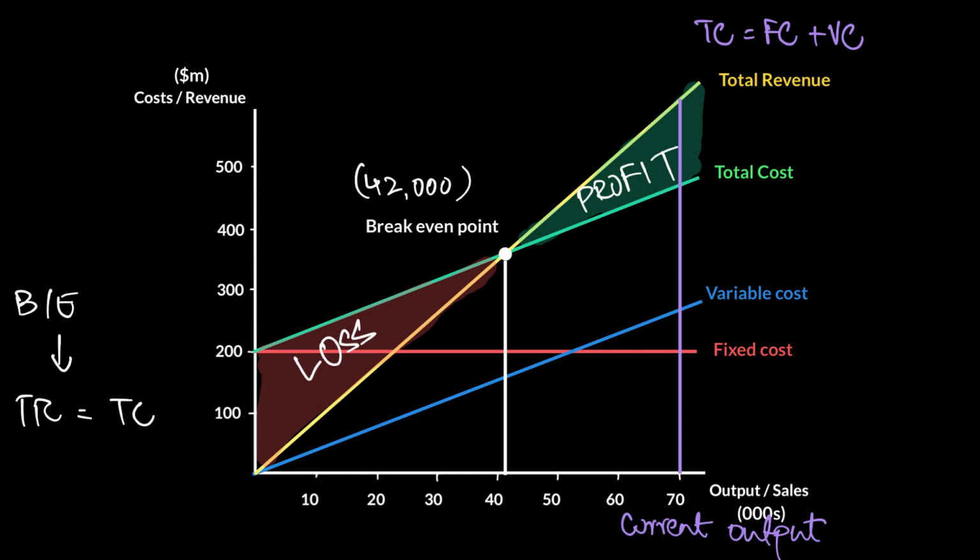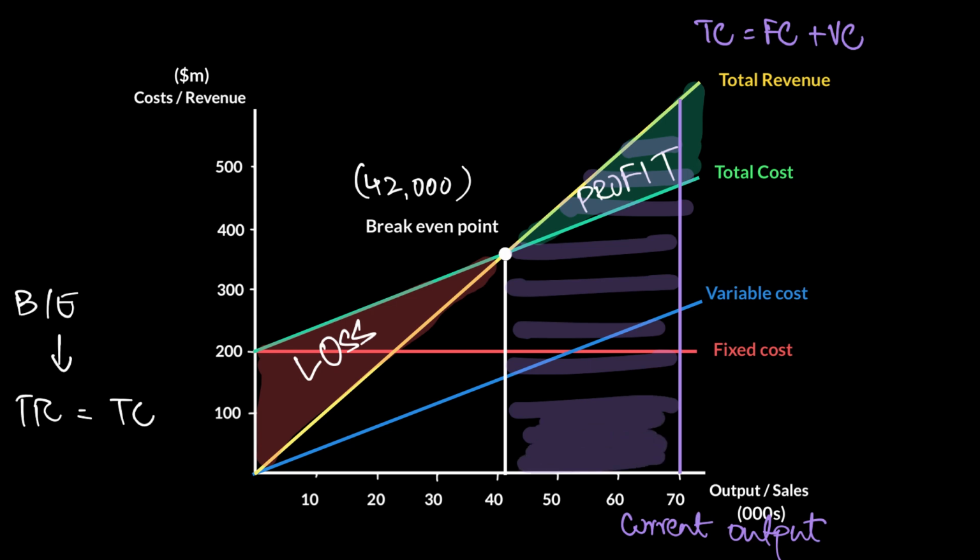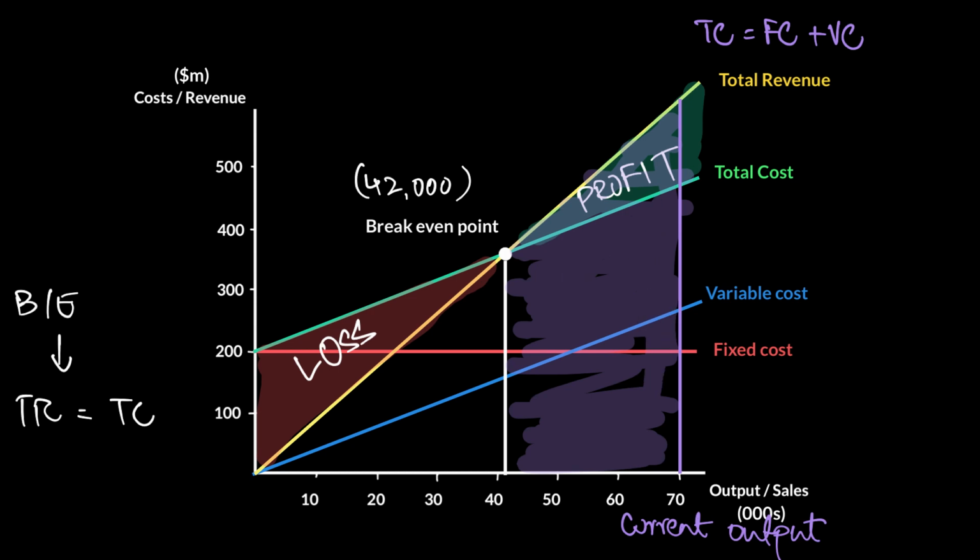That gives us this little region here in purple. This purple region is part of your profit, of course, and it's called something in particular.